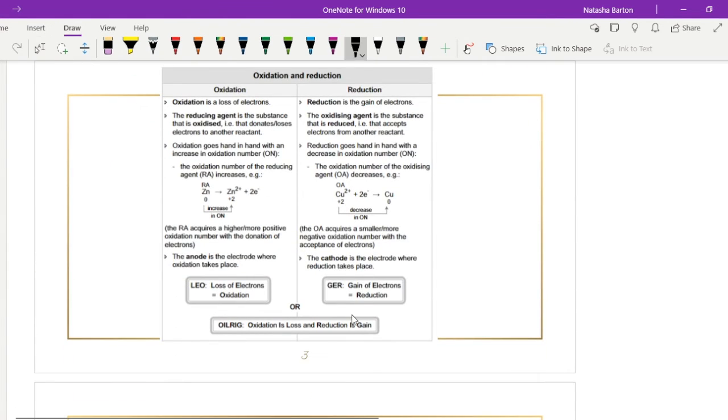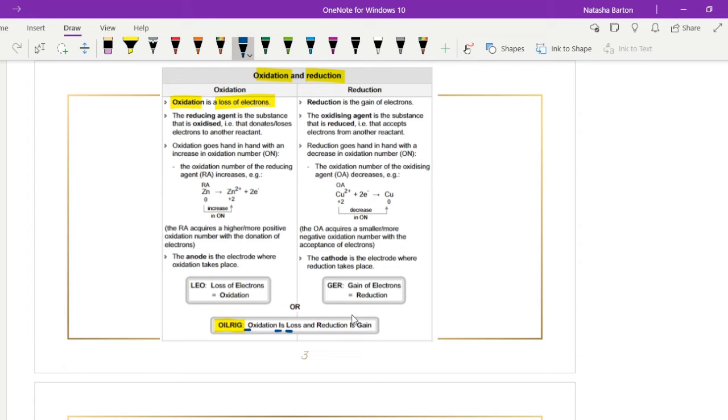So as mentioned, inside of these two cells we have oxidation and reduction reactions. This is grade 11 work that you need to remember. Firstly, oxidation is the loss of electrons. You may remember OIL RIG. This is a short way of remembering oxidation is loss.